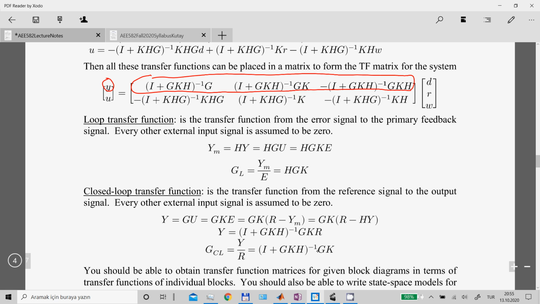That's why I have the identity matrix here. If you have scalar signals, then you can just use one here instead. But in the more general case where you may have vector inputs, you need to use the identity matrix here, and then obviously these will be matrices, and you have to perform matrix inversion. Otherwise, for scalar systems, you can just divide gk by 1 plus gkh.